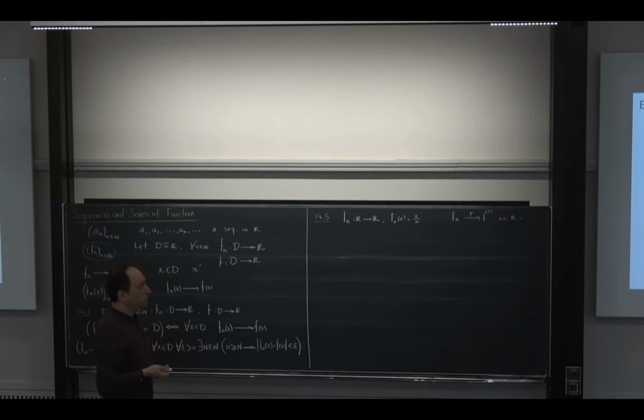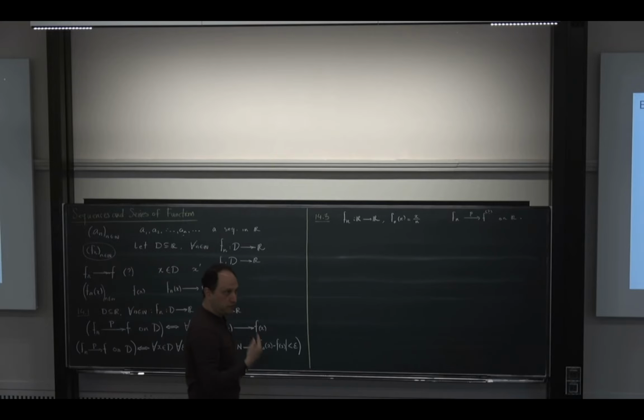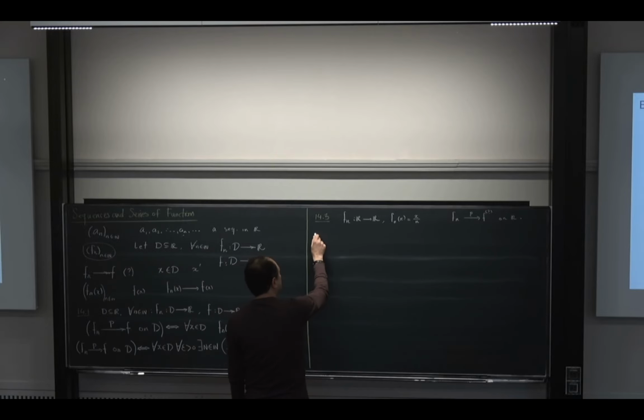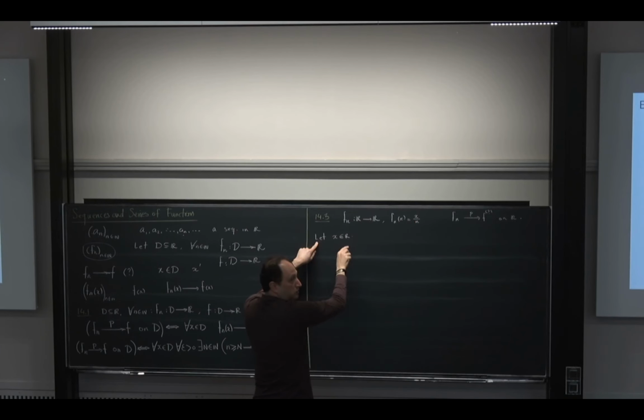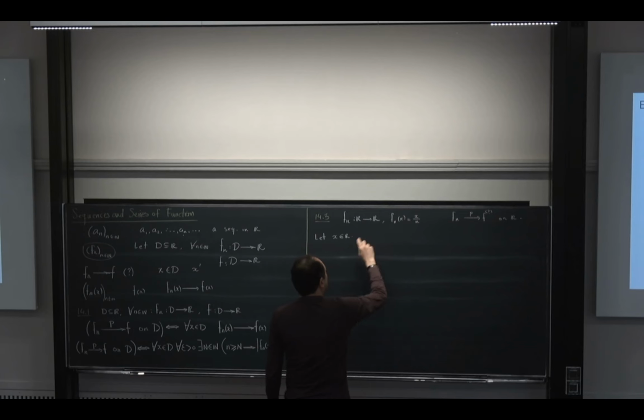So what do you do? You just say, okay, let us fix x. Let x be a fixed element from my domain. At this level, x is a variable, but when I say let x belong to R, it means I fixed x. So x is no longer a variable. Then what happens if I want to write f_n of x?